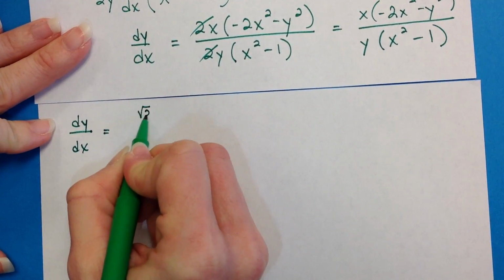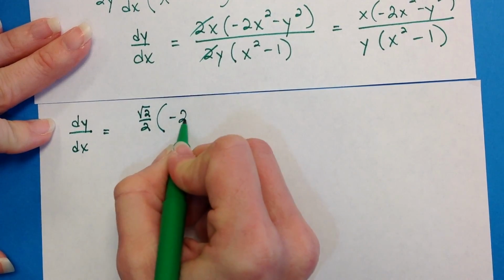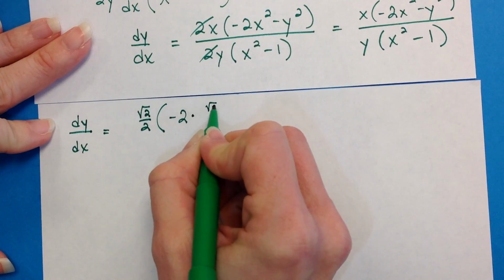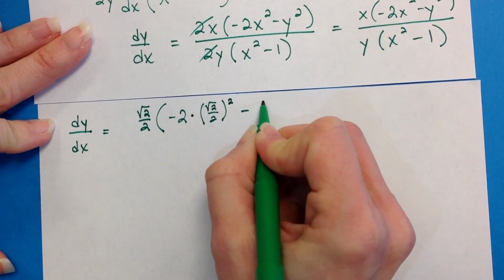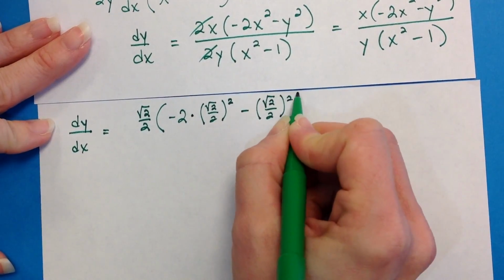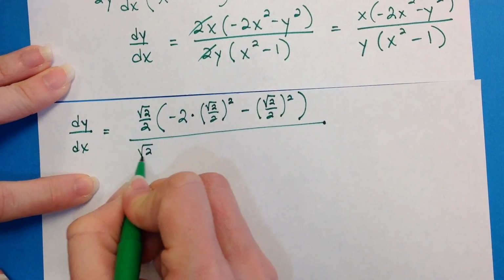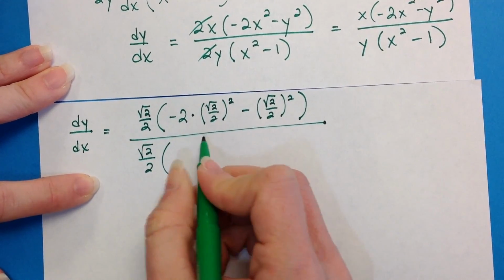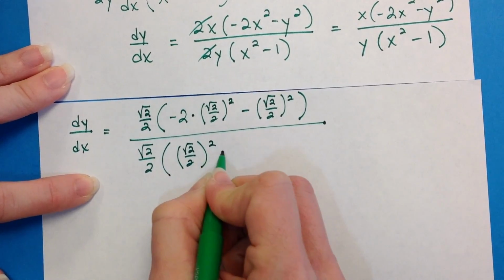So I have √2/2 times negative 2 times (√2/2)² minus (√2/2)², and then on the bottom, √2/2 times ((√2/2)² minus 1).